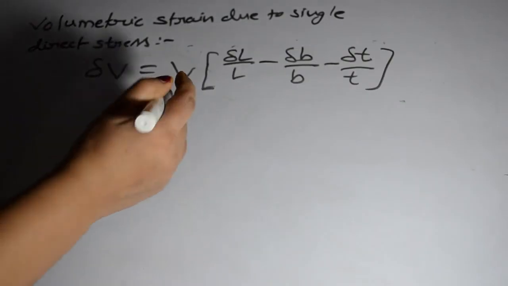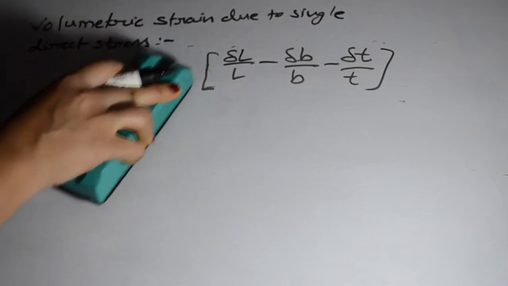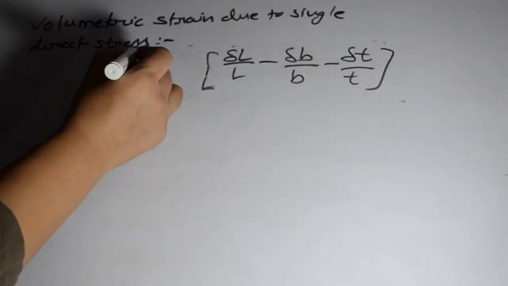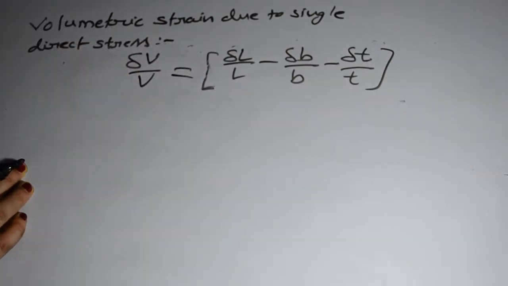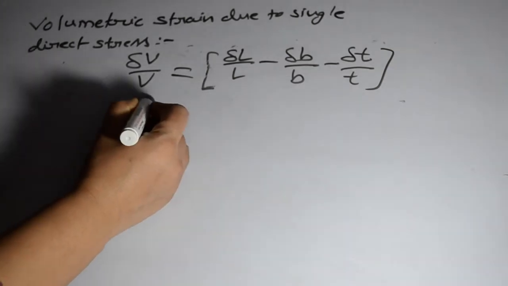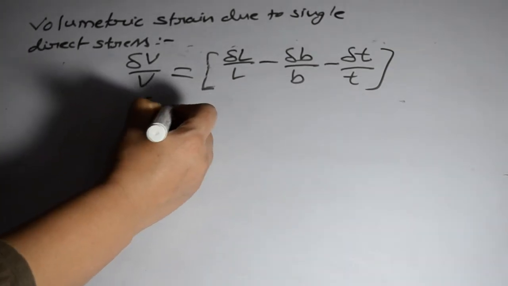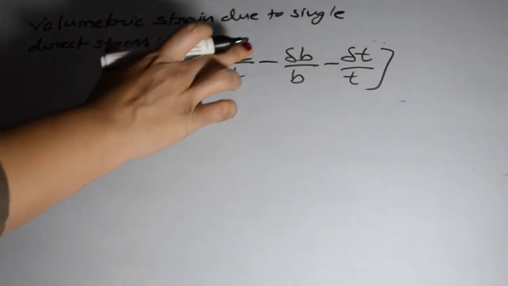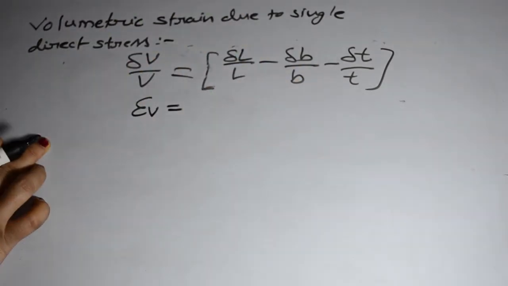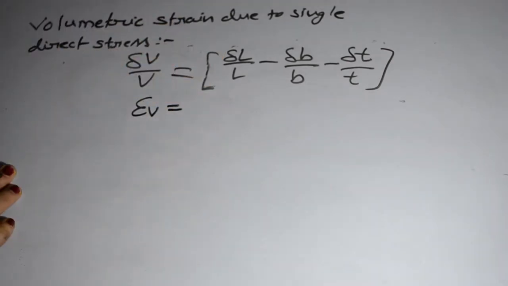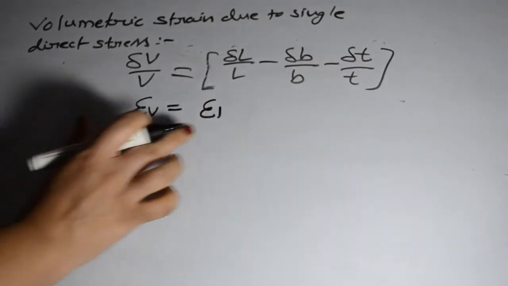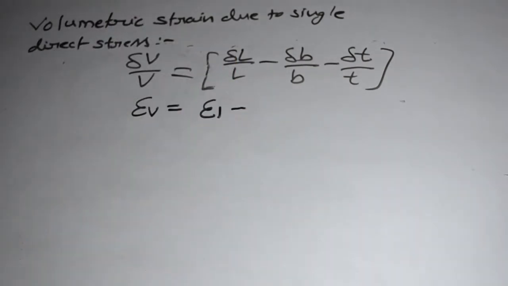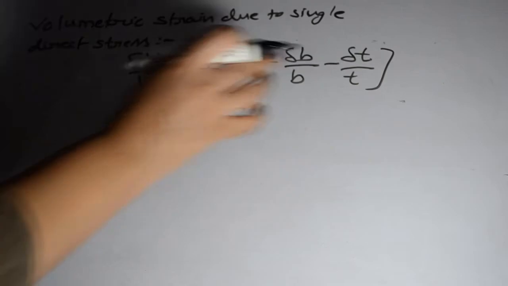This is the equation, and we can write it as delta V by V equal to this quantity. So this delta V by V is the volumetric strain. If we denote this volumetric strain by eta V, that is equivalent to delta L by L minus delta B by B minus delta T by T. See, this delta L by L is the longitudinal strain, denoted by eta 1. The change in width by original width and change in thickness by original thickness is the lateral strain.